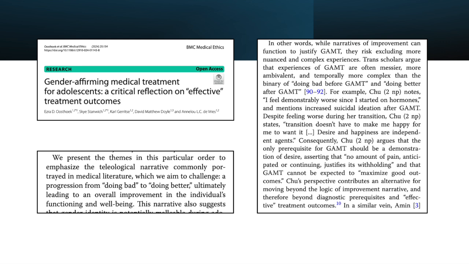Consequently, Chu argues that the only prerequisite for medical treatment should be a demonstration of desire, asserting that no amount of pain, anticipated or continuing, justifies its withholding, and that medical treatment cannot be expected to maximize good outcomes. So this is a remarkable shift from Dutch researchers in terms of how they're conceiving of and justifying these medical interventions for youth.